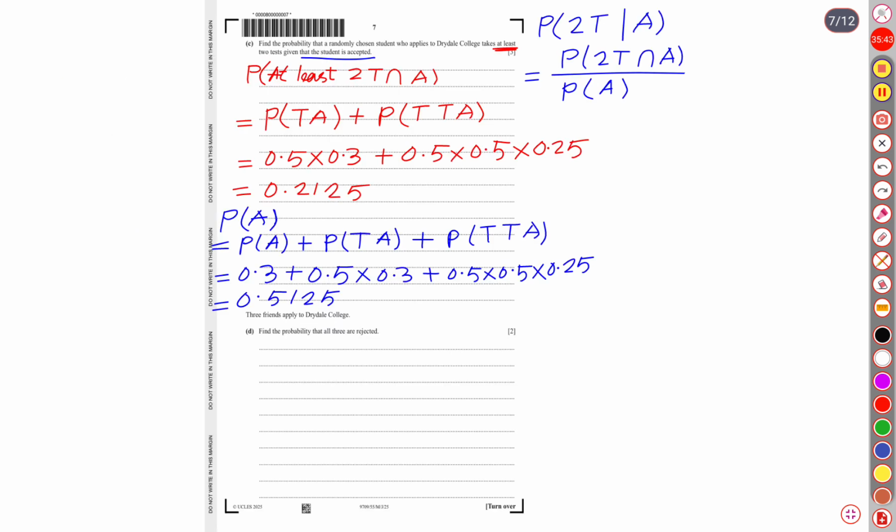And we have already found these components, so we can substitute the values. First probability was this 0.2125, which will be divided by 0.5125.